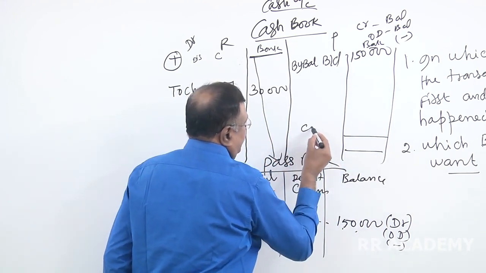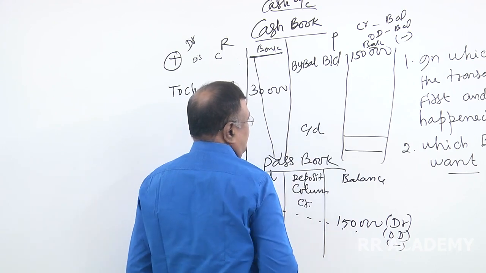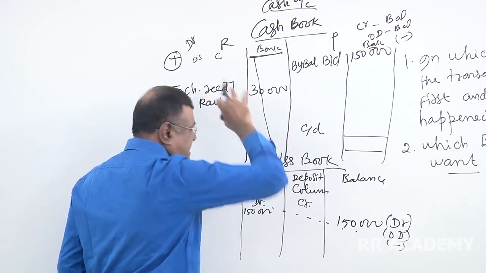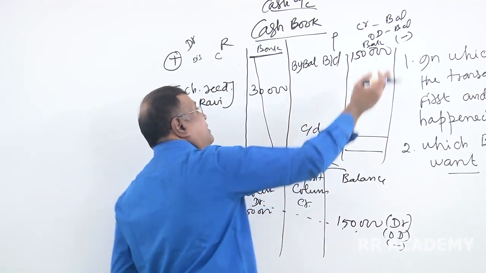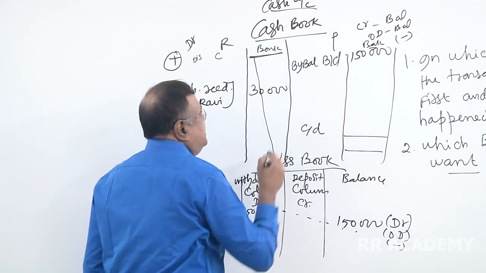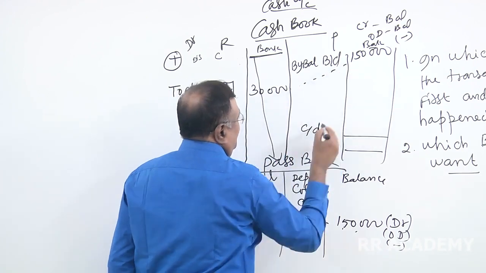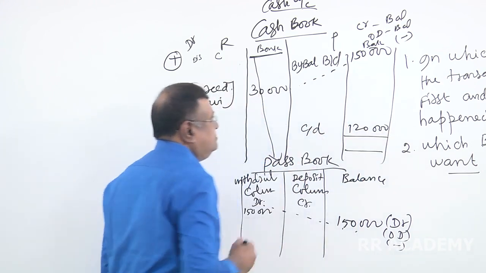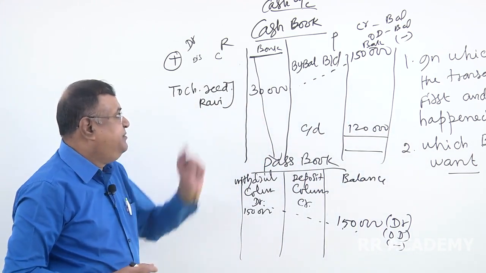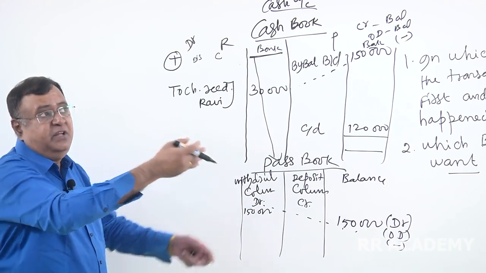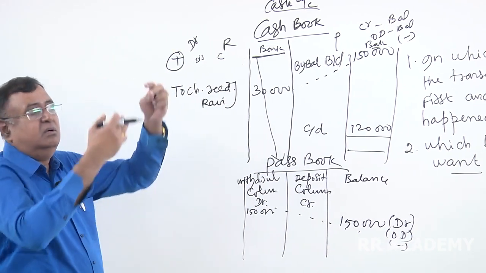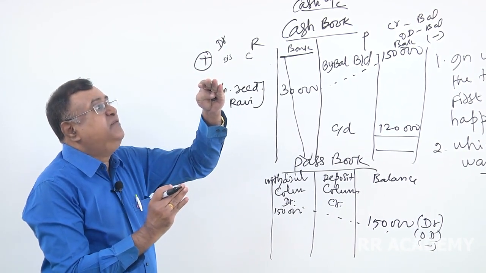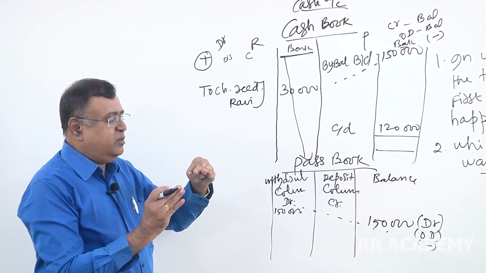When you say carry down, 30,000 deposited, overdrawn 1,50,000. So therefore, balance will be 1,20,000. See, that is the difference. 1,50,000 we have drawn more. Now, when you deposit 30,000, this 1,50,000 will become 1,20,000.